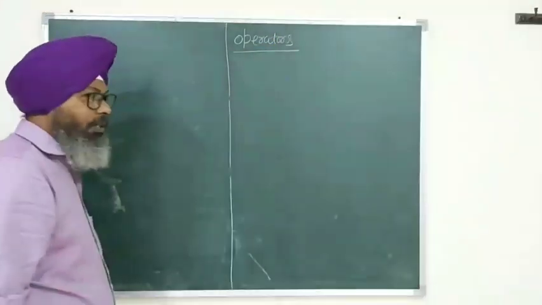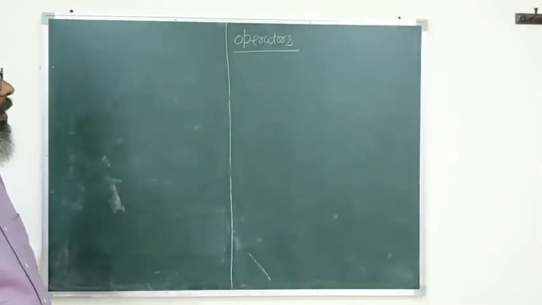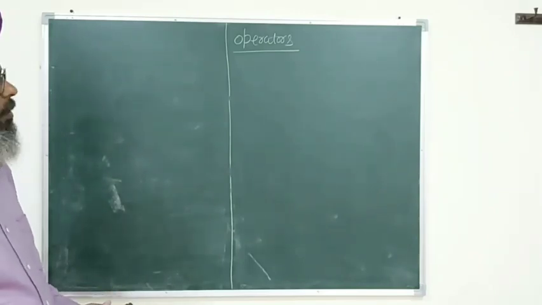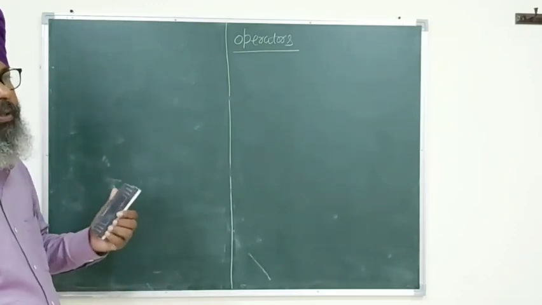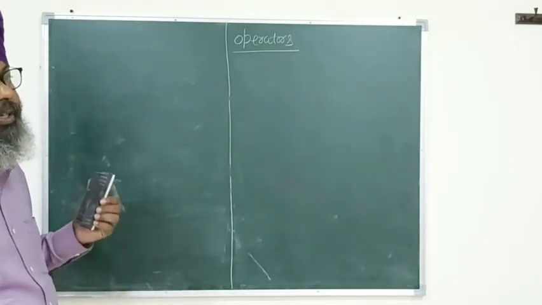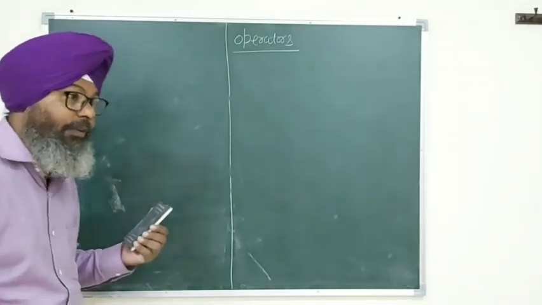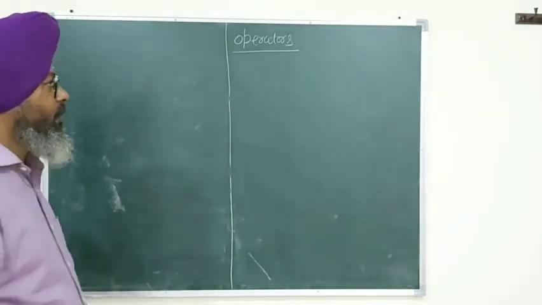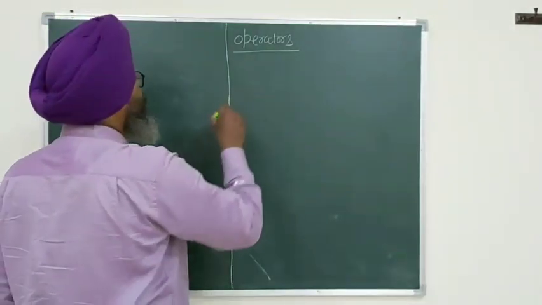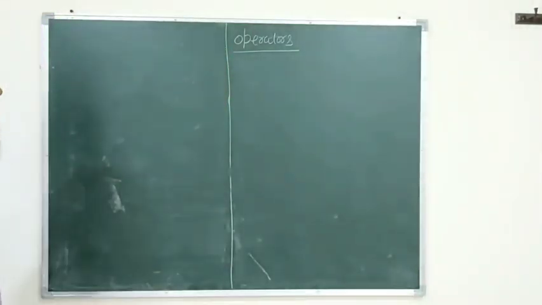So before discussing operators in quantum mechanics, I would just discuss simple operators that we are already familiar with from our school levels. However, we did not use the term operator with them, but these are quite good operators. Let us see. First of all, what is the definition of an operator?